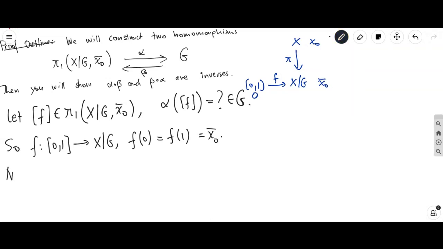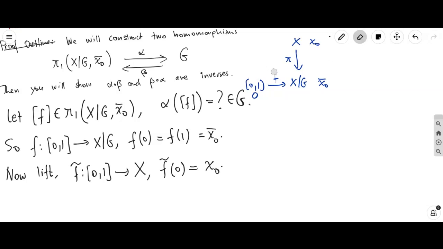So now lift f to f tilde. This is going to be a path in the cover that will satisfy the initial condition that f tilde of 0 is equal to x0. So by the lifting property, this path lifts into the cover.